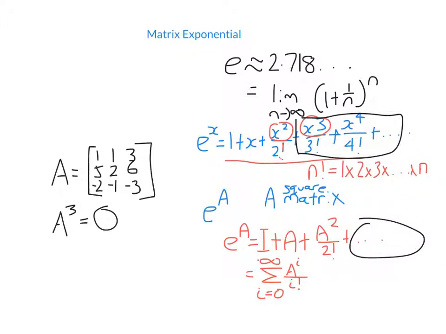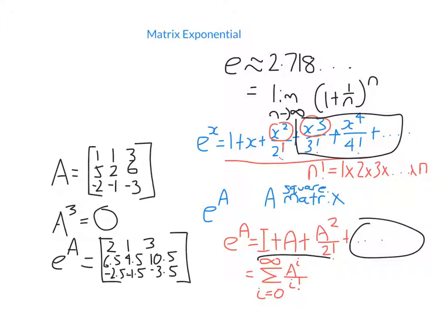So we only need to calculate I plus A plus A squared over 2 factorial. And here we have our answer for the exponential of A, and that was pretty easy to calculate with or without technology, but in general it's something we need technology to do.